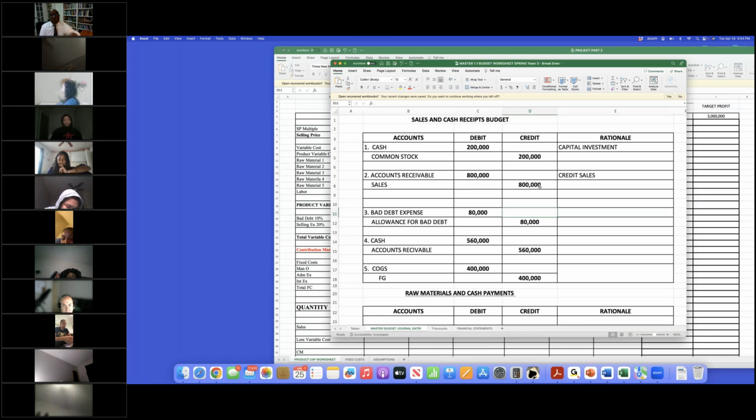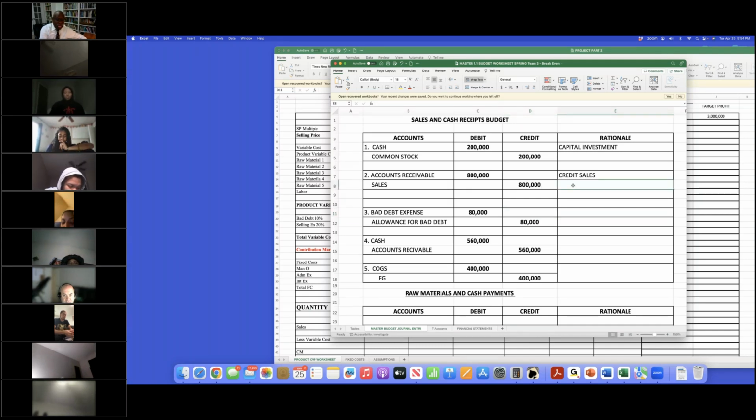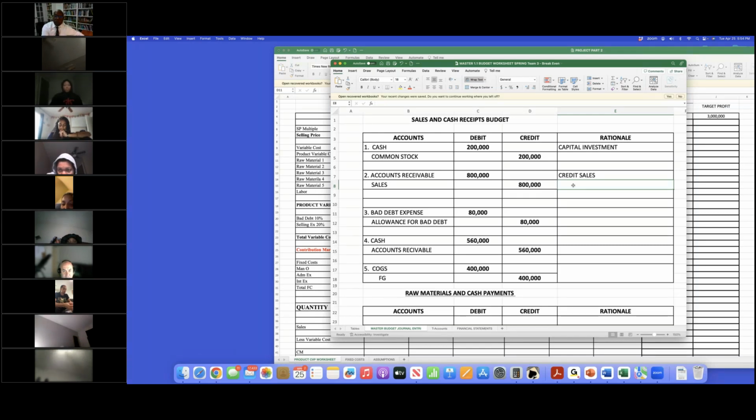How many units did we sell? 1,600. 1,600 is a good number.